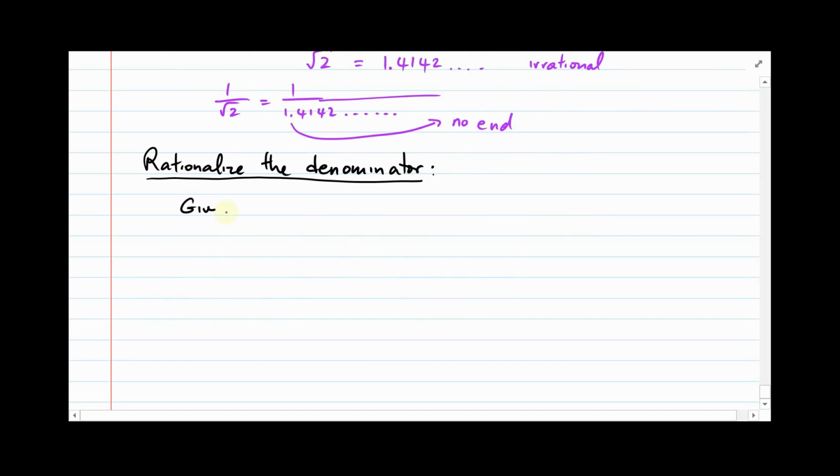Suppose you have root A over root B. If the denominator has a square root, I can choose to multiply by 1, but I'm going to choose my 1 in a particular way. Whatever is in the denominator, in this case root B, I'm going to multiply by that.